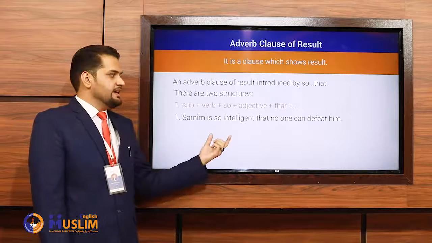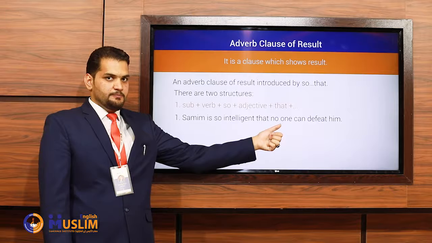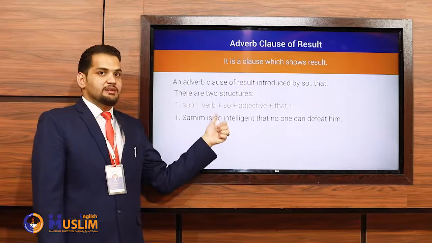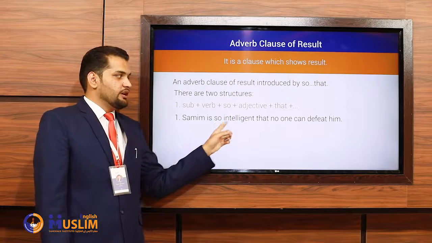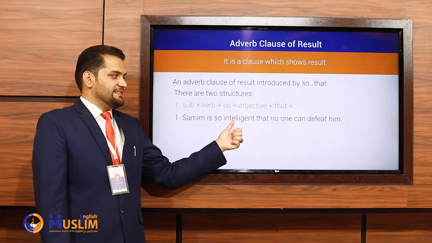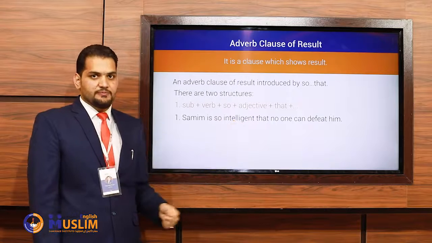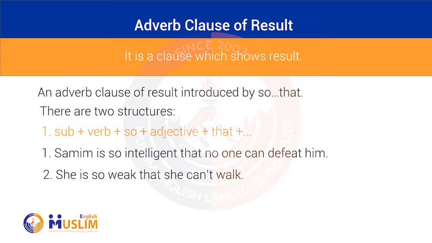In this sentence, the adverb clause is that no one can defeat him. But so is used in the main clause, which is a part of the marker of the adverb clause. And if you see, intelligent is used between so and that, which is an adjective. Number 2. She is so weak that she can't walk.